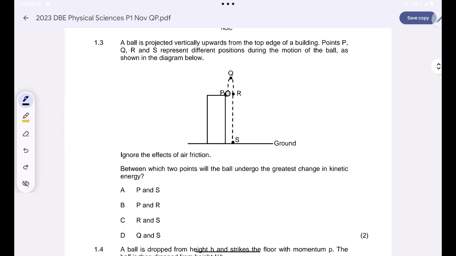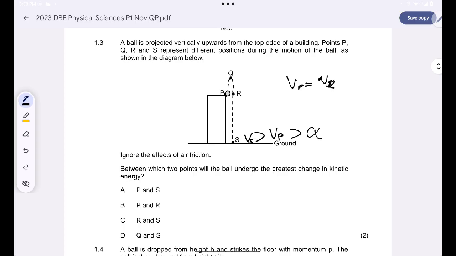So the velocity at S will be greater than the velocity at P and the velocity at Q. Remember that the velocity at P is the same as the velocity at R, but in different directions.